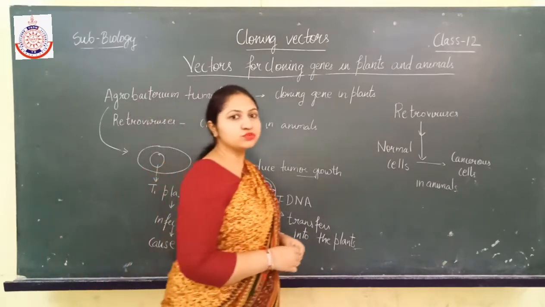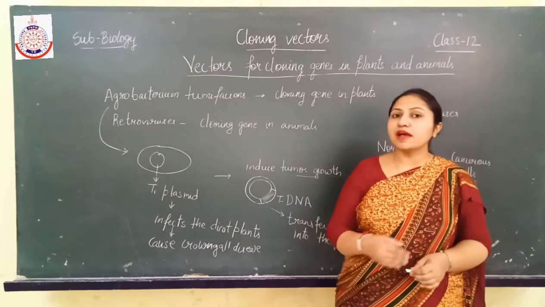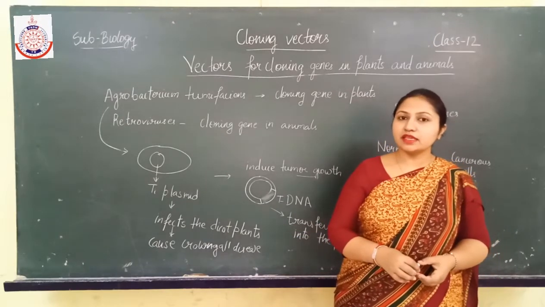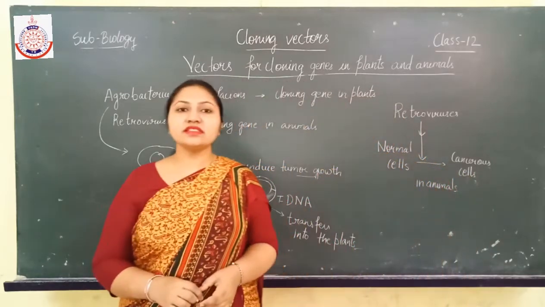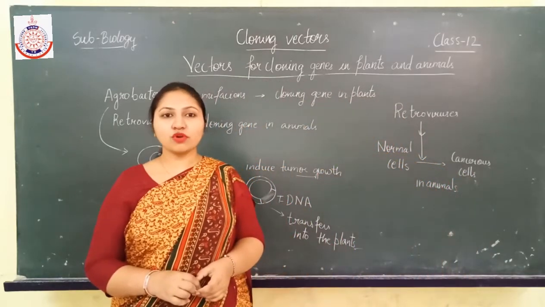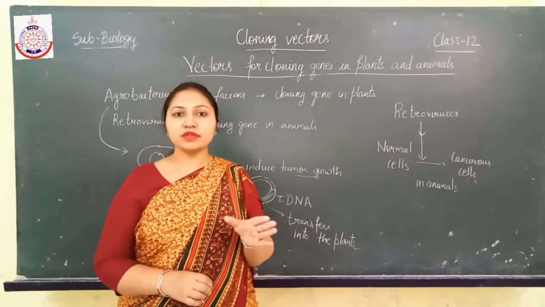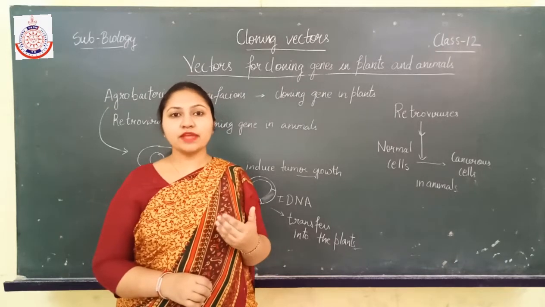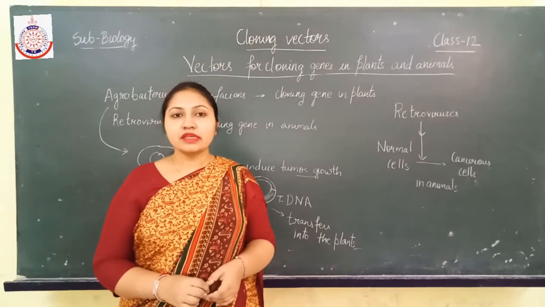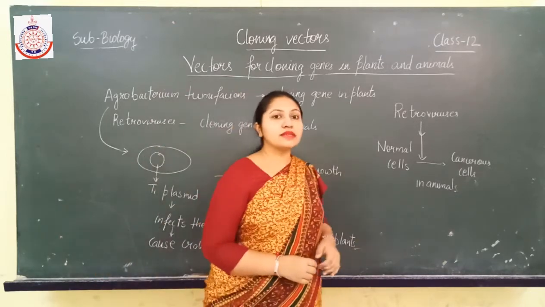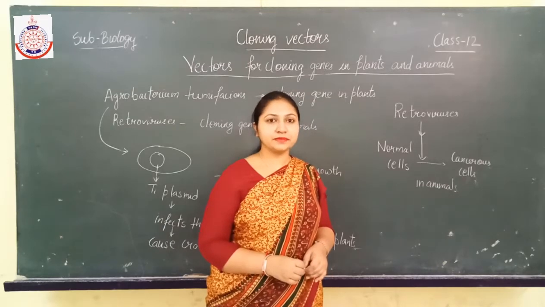But how can we use these viruses as well as the Ti plasmid as vectors, as they contain the tumor causing genes? Suppose these genes which are responsible for causing the tumor or which show the cancerous growth are removed, and in place of those genes the foreign DNA is inserted, then they are known as a harmless vector, or you can say a disarmed vector.